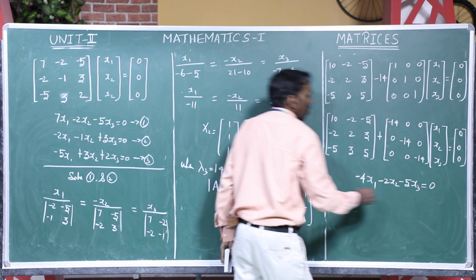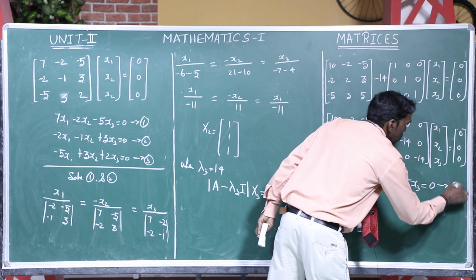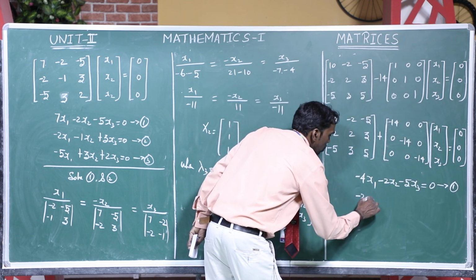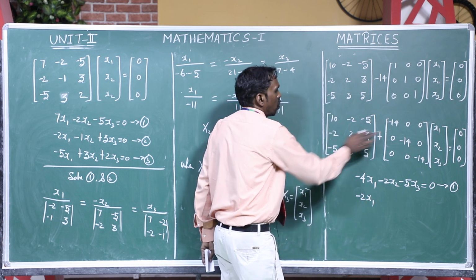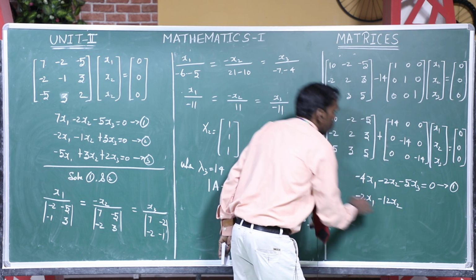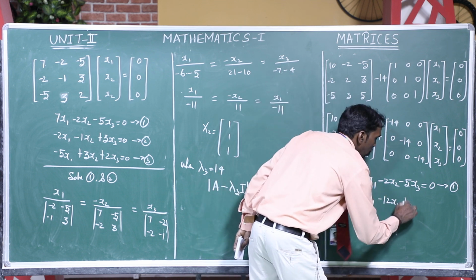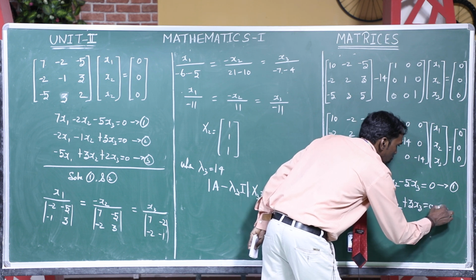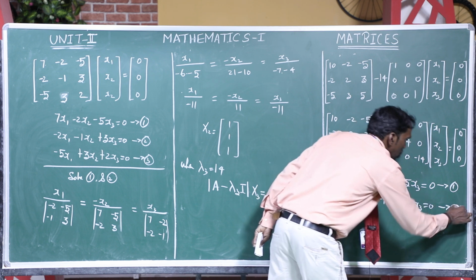So this is equation number 1. The next, minus 2 plus 0 will be minus 2x1. 2 minus 14 will be minus 12x2. Then 3 plus 0 will be plus 3x3 equal to 0. This is equation number 2.